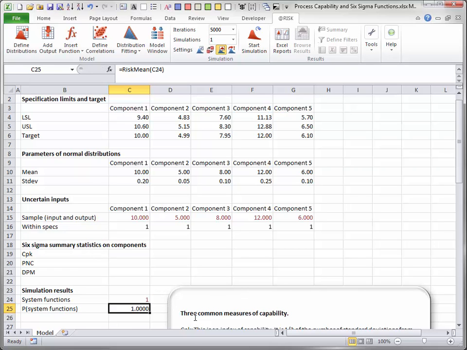The model at this point is perfectly adequate, but more information can be obtained with @RISK's Six Sigma functions. The first step is to designate each of the cells in row 15 as an @RISK output cell, but to tack on information about its specification limits with the RiskSixSigma property function. I will do it for component 1 in such a way that its formula can be copied across for the other components.